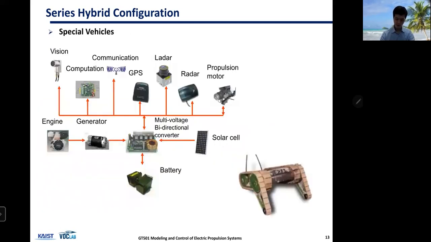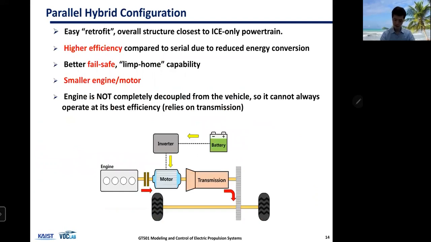So series hybrid is usually not used for passenger vehicles. Instead, there's parallel hybrid and then split hybrids that are usually used for passenger vehicles because it requires smaller electrical components.